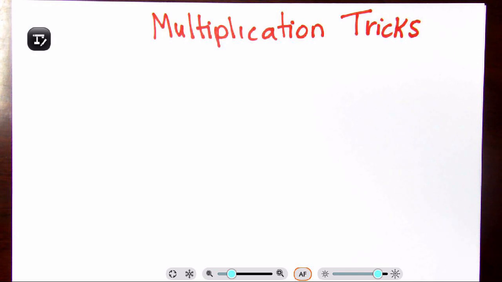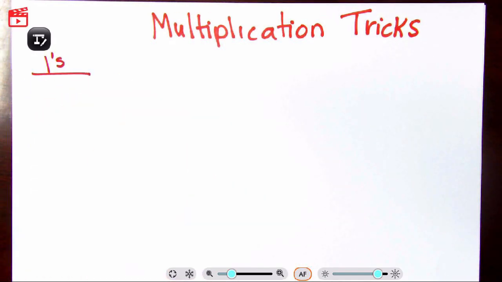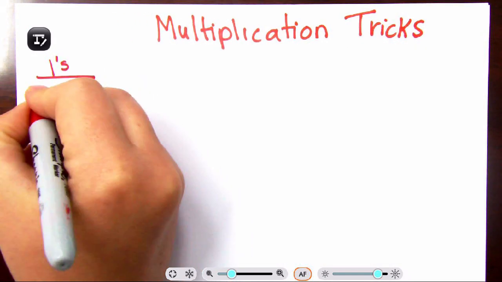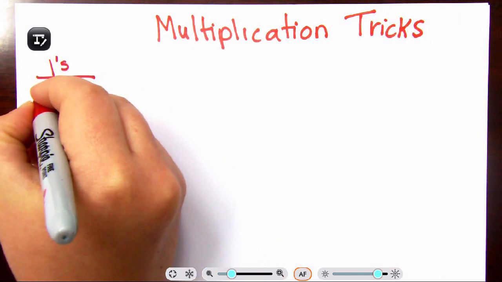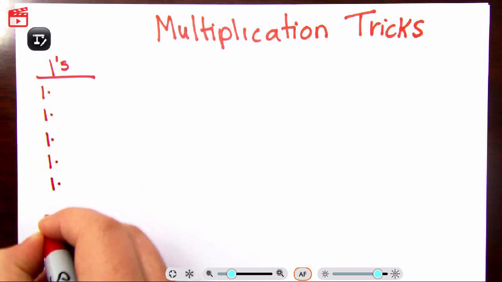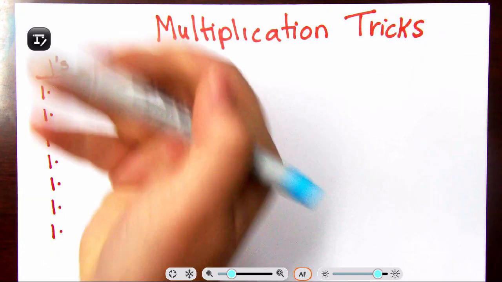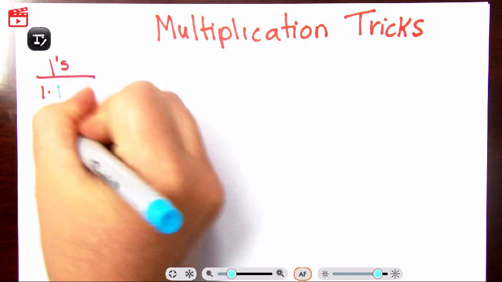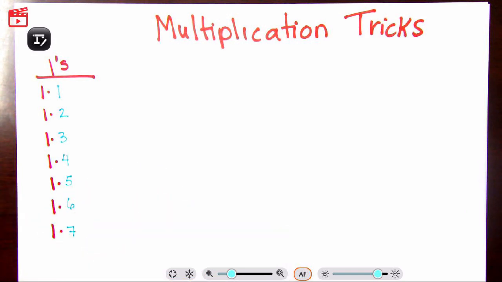When we are multiplying anything by 1, it is itself. So whatever you're multiplying by 1, it's the number. So for example, we're just going to write 1 times 1, 1 times 2, 1 times 3, 1 times 4, 1 times 5, 1 times 6, 1 times 7, etc. It keeps going.